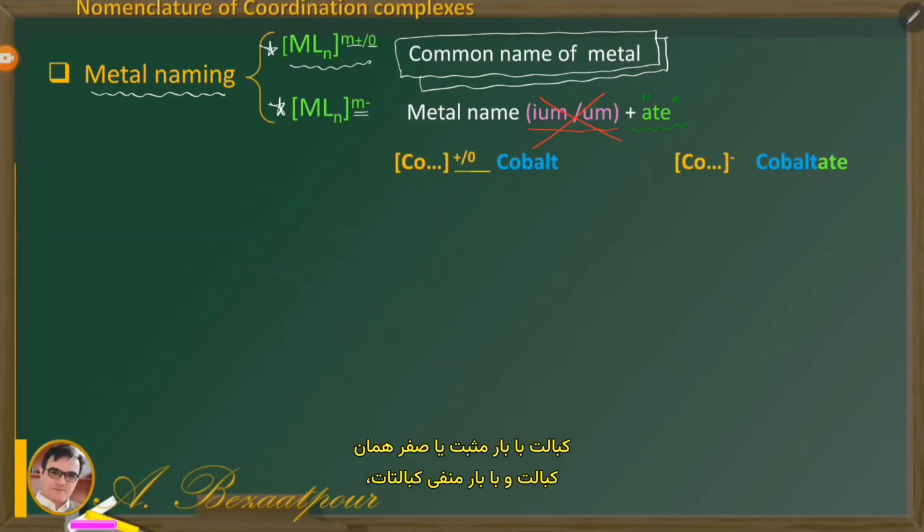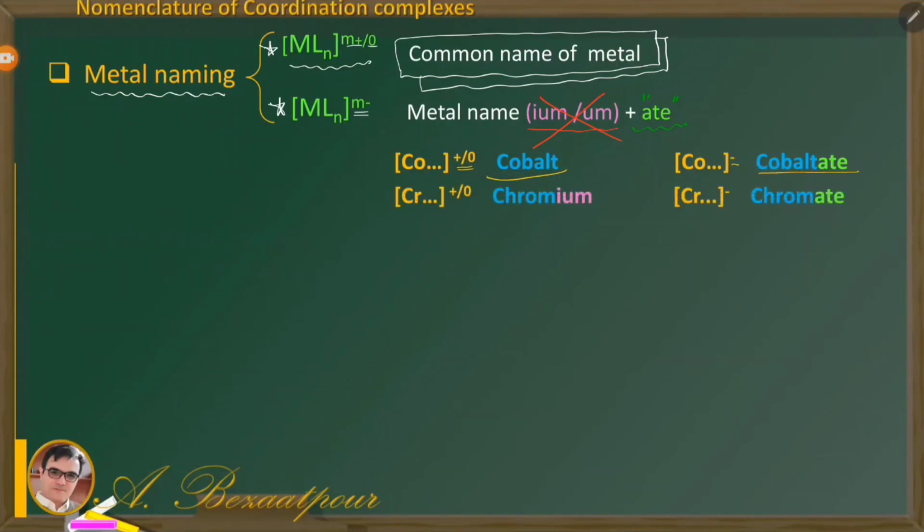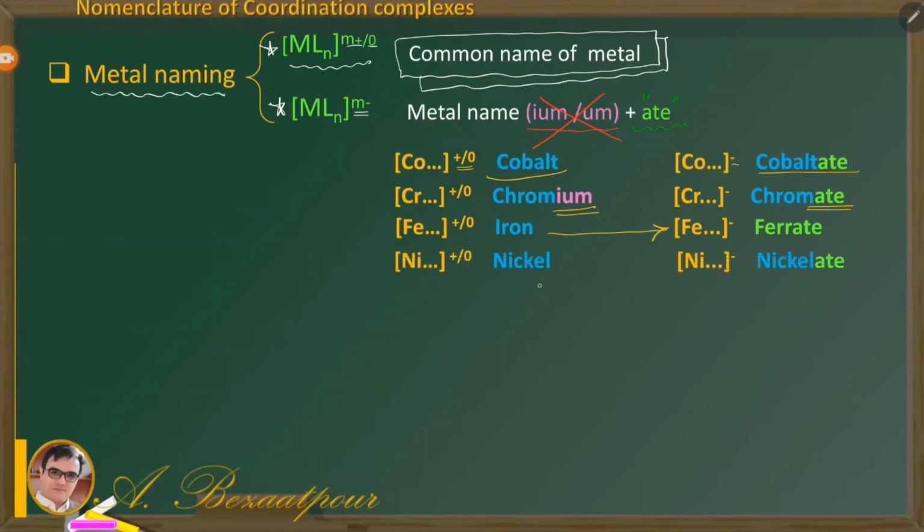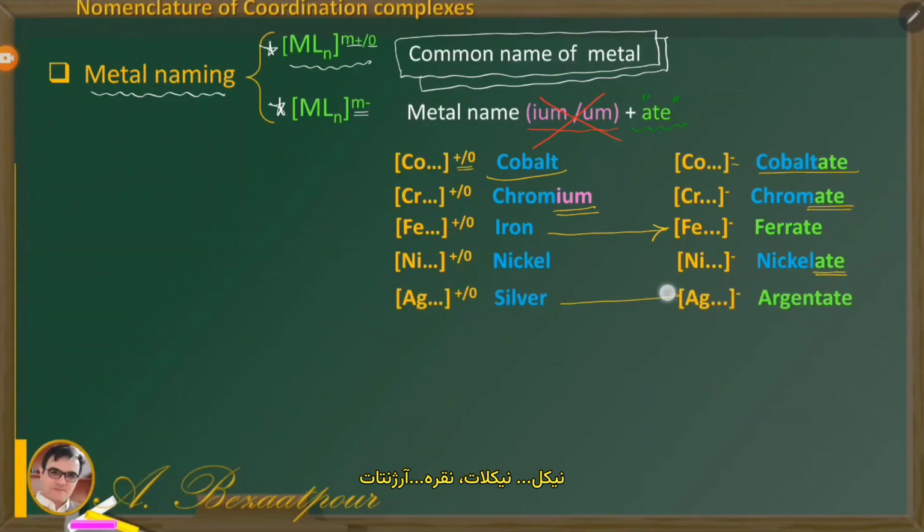Cobalt with positive or zero charge, cobalt, and with negative charge, cobaltate. Chromium, chromate. Iron, ferrate. Nickel, nickelate. Silver, argentate.